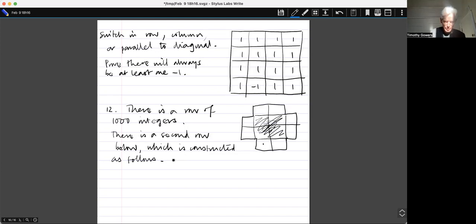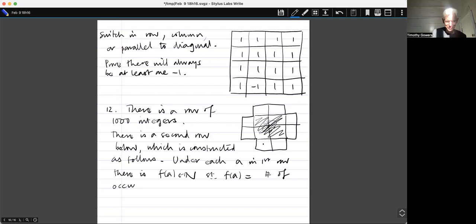Under each number A of the first row, there is a positive integer FA such that FA equals the number of occurrences of A in the first row.